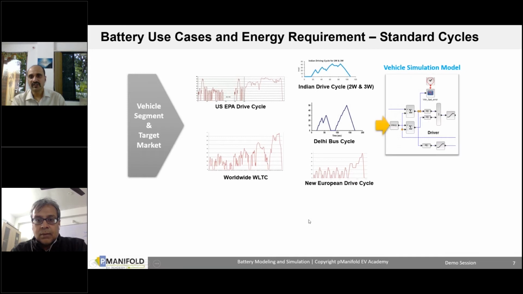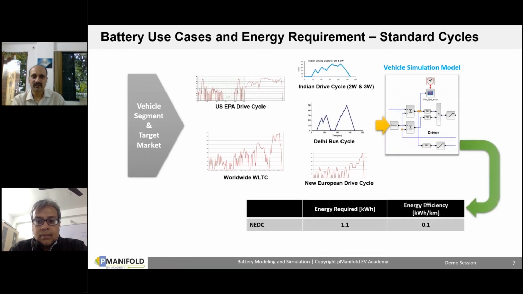All of these you can feed into the driver of your simulation model as the target speed, driving through a PID controller, which represents the driver, both the accelerator and the brake pedal. We can then simulate the vehicle over these cycles and get the energy required for that particular cycle, and then the energy efficiency as well, which is kilowatt hour per kilometer.